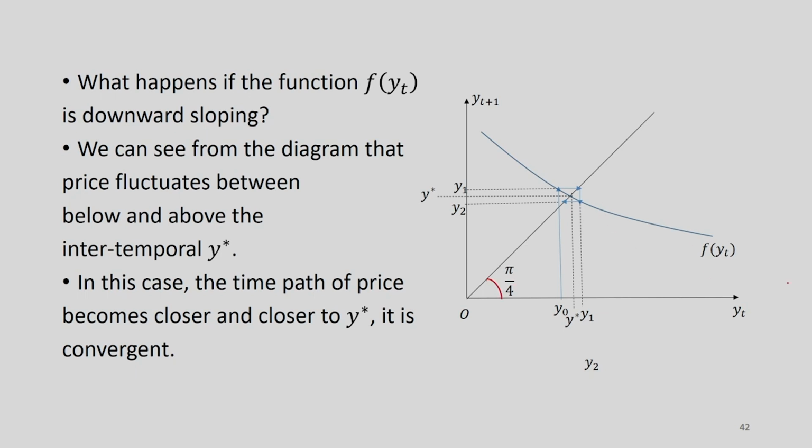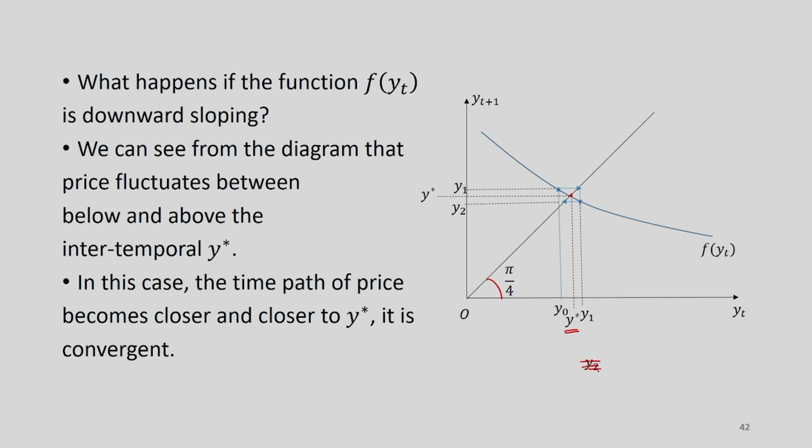I have drawn this f of yt function. We can see from the diagram that price here fluctuates between below and above the intertemporal y star. So, here y star is at the intersection point like before, which is the long run intertemporal equilibrium value.